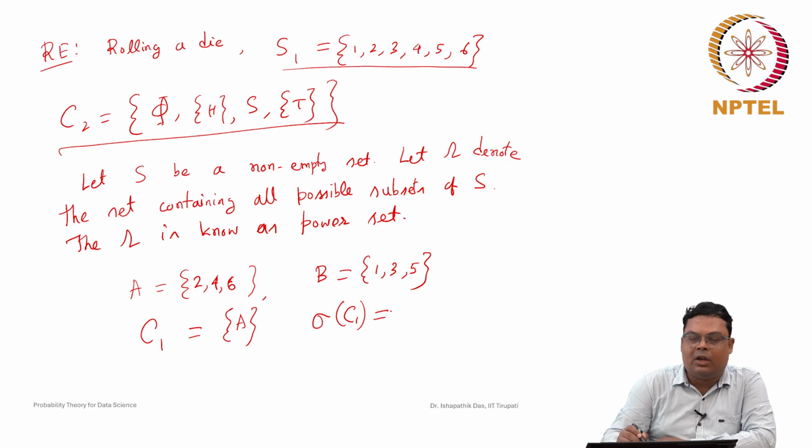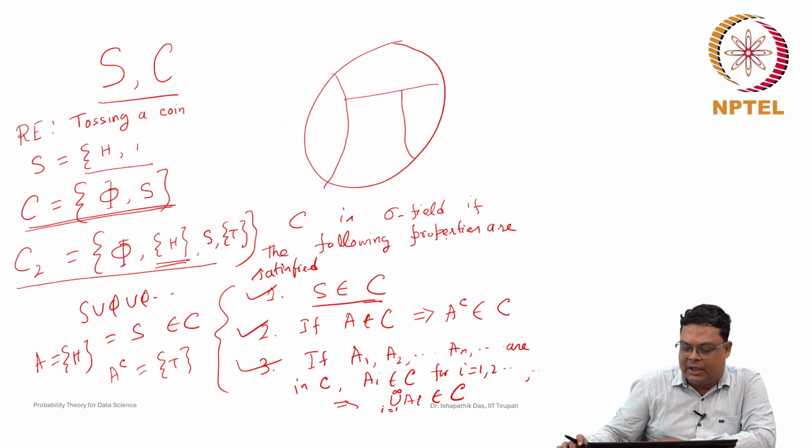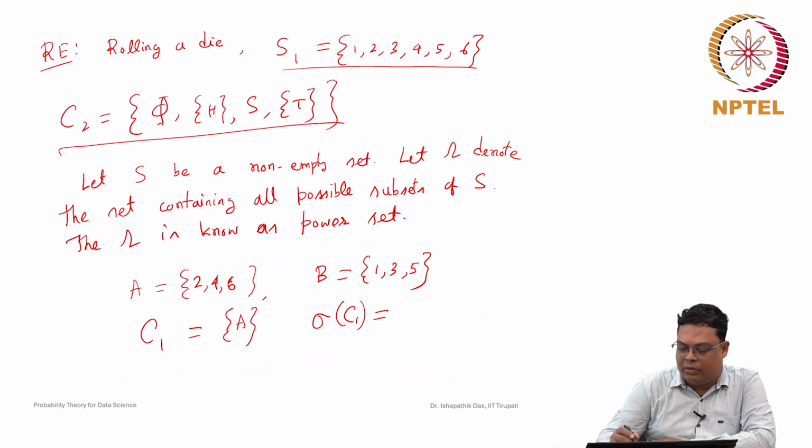So we will include the properties we want. The sigma field generated by C1 will include A, and A complement, and you can see that A complement is nothing but B, and then S we have to include, and also the null set. So this is the sigma field generated by C1.